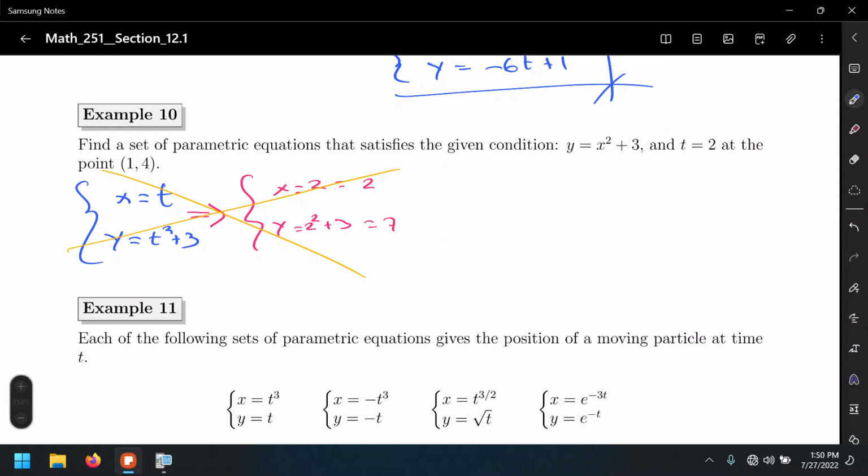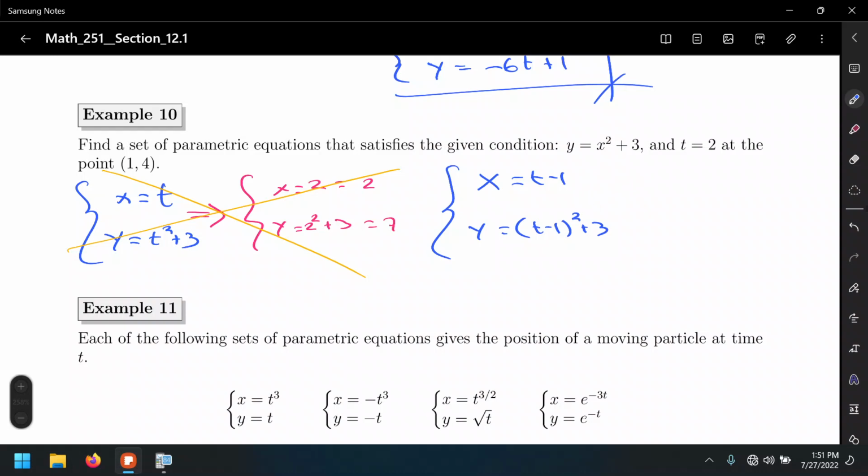So how about shifting x equals, I don't know, t minus 1? Okay. Then plug in y equals quantity t minus 1 squared plus 3. Now, plug in t equals 2.